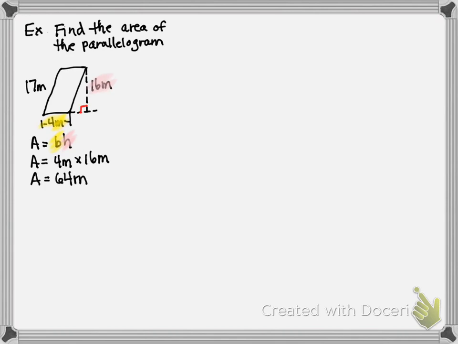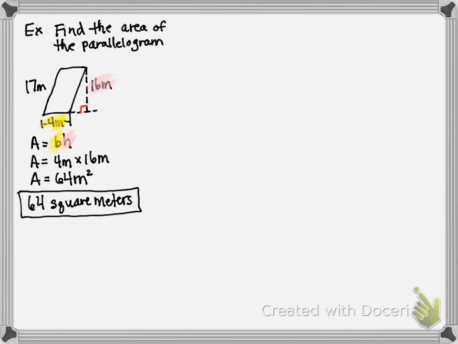And I have an m that shows up twice, so I use an exponent. So this is read as 64 square meters. Even though the exponent comes after, I read it in front. Square meters. Always, it's not meters squared, it's square meters.